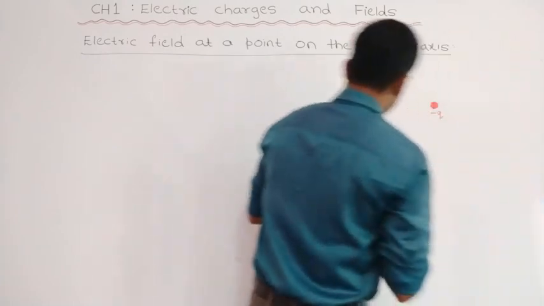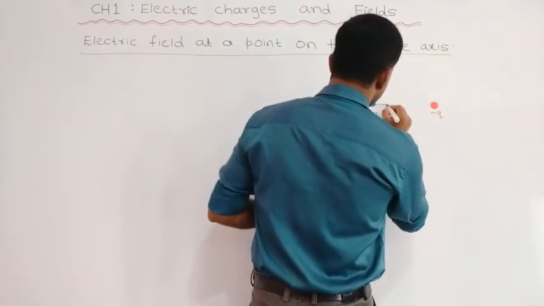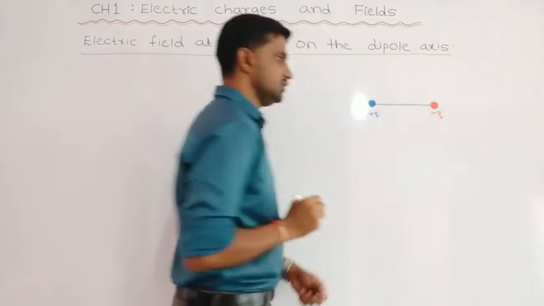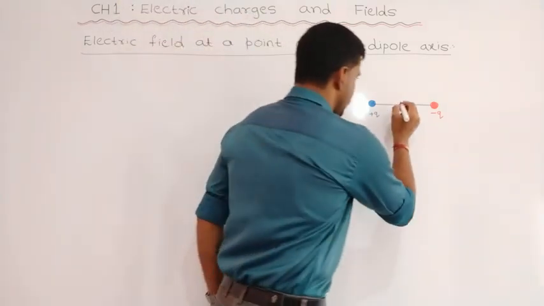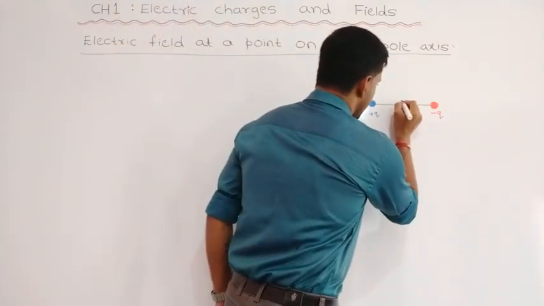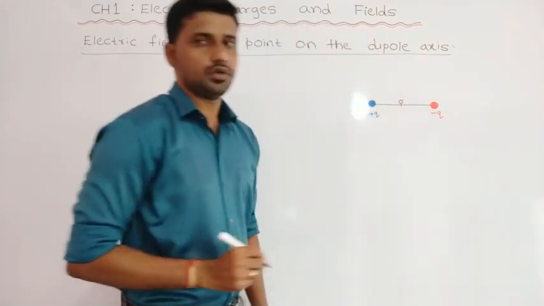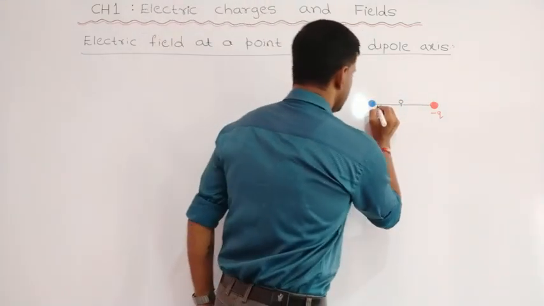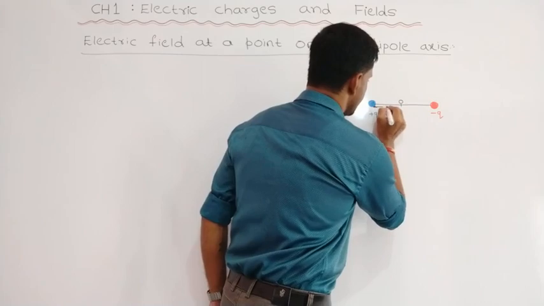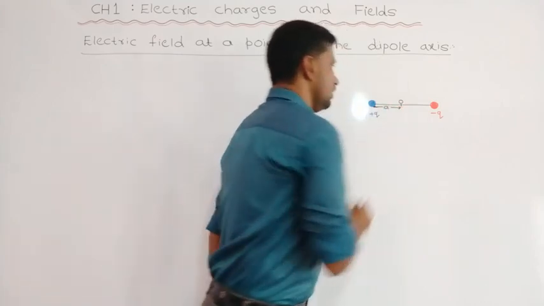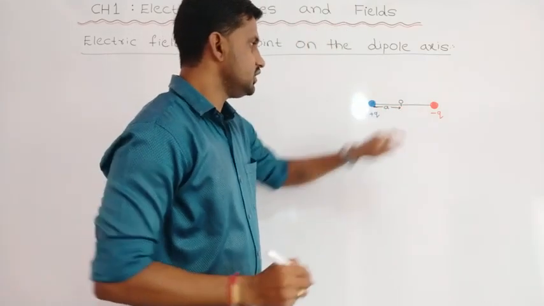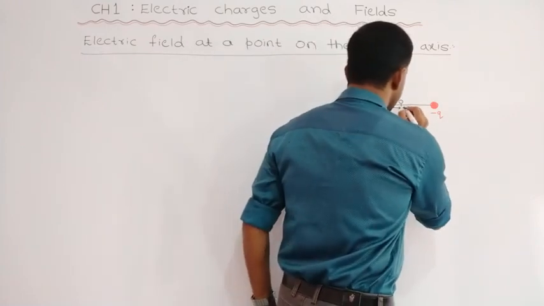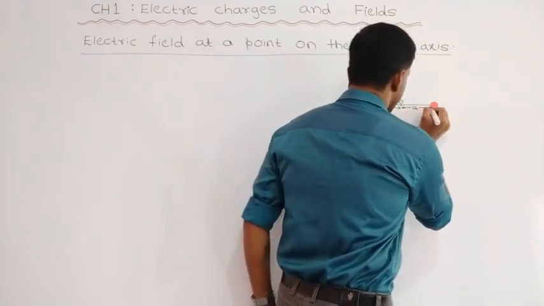There is a distance between the two charges, and the center of this dipole I am taking as O. From the positive charge to the center, the distance is taken as a. Similarly, from the negative charge to the center, the distance is another a.